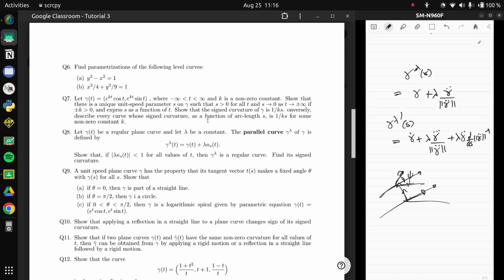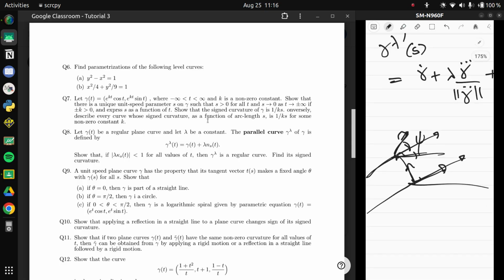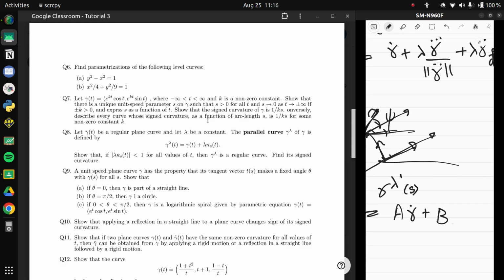You can find the angle that this makes. Yes, yes, you can do that. So you can, hey, so if you, okay, that's a bad idea maybe. What I was thinking was if you write this thing as something like a times gamma dot plus b times ns, right?